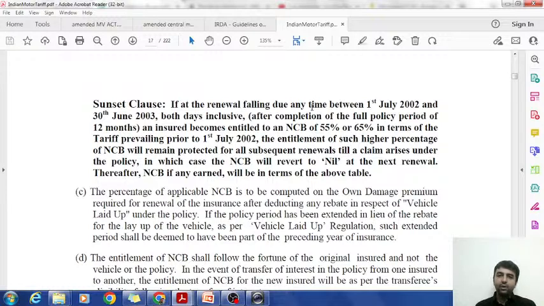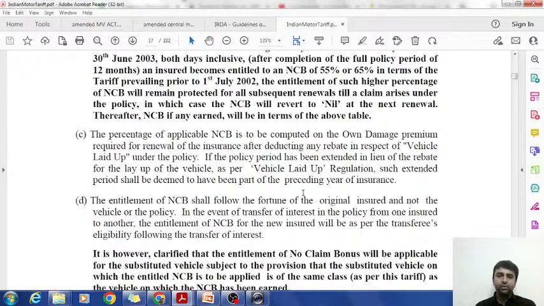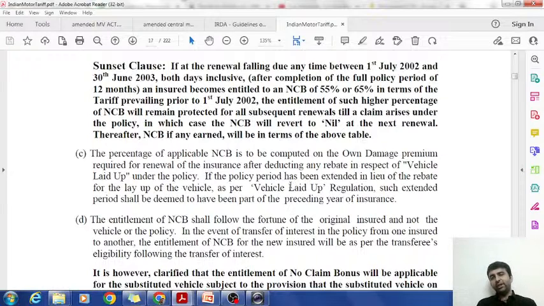Sunset clause: if the renewal is falling due at any time between 1st July 2002, both inclusive, higher percentage and nil x net slab. There is no bifurcation given for commercial or private, so it can be assumed that it can be used on both vehicles. It depends on what category of vehicle he has earned this sunset clause on. If he has earned it on a private car, we will continue in the same category. If he has earned it on a commercial car, we will continue it in the same category. This is my understanding.